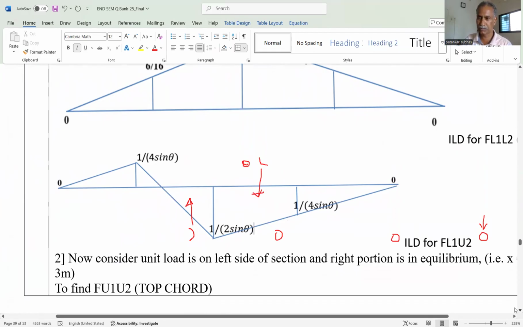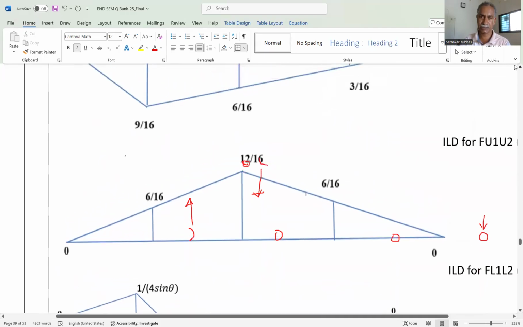So in this way, we can draw the ILD for the top chord member, bottom chord member, and the diagonal member. Similarly, we can find out the ILD for the vertical element. And for vertical element, definitely it is not possible to take the section in vertical direction, but in the inclined direction.